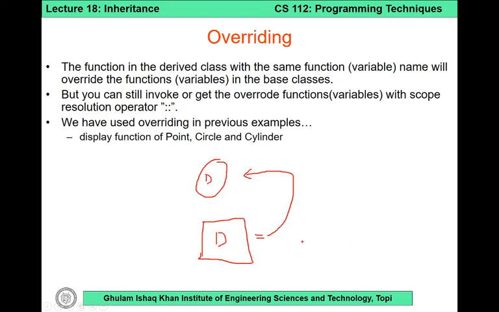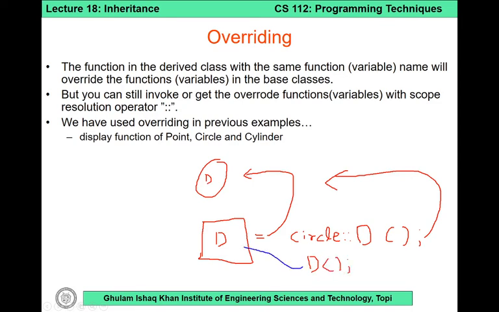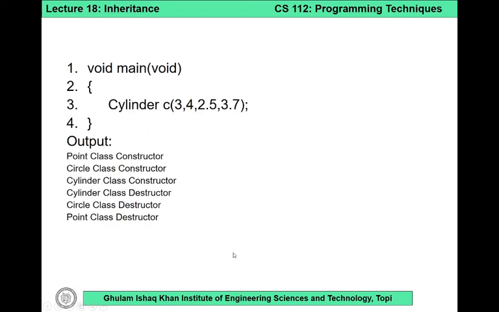What you can do is simply write the name of the base class if you want to invoke the function of the base class, not the child class, then write the scope resolution operator, and then call the function. In this case it will call the function of the base class. But if you simply write the name of the function and call it, it will execute its own function, right? We did this last time, so there is no need to go into further details. I hope it is clear.